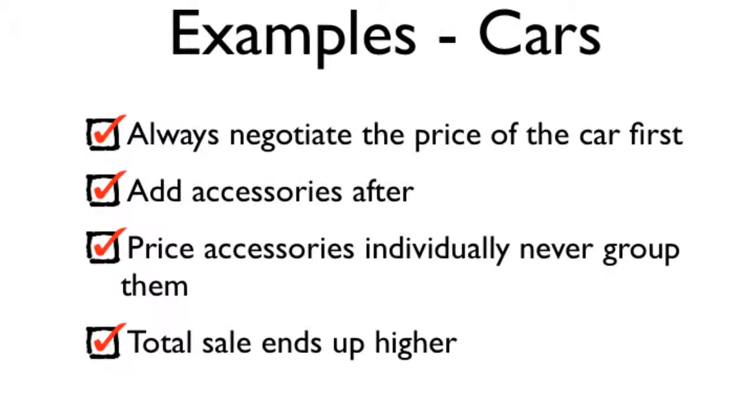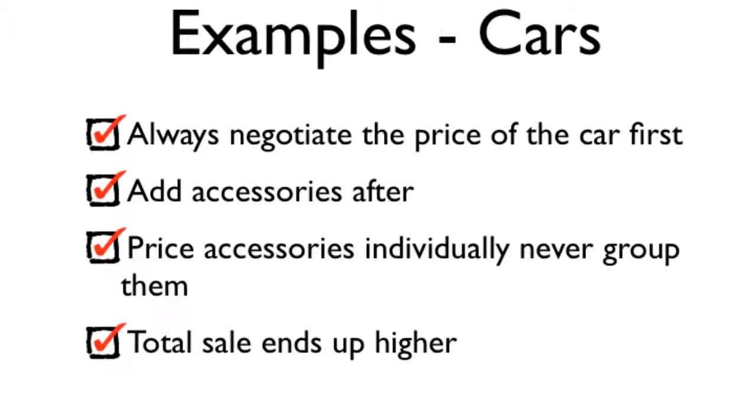Another great example is cars. Automobiles, you always negotiate the price of the car first, right? If you go into a car dealer, they're not going to ask for everything all included and then negotiate. If you look at any good negotiating team or any good negotiating person, they always start out with the large item first.